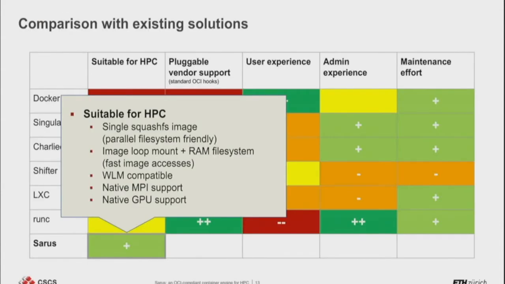So if we start to compare it bit by bit with the others, it is suitable for HPC. We mount the container image in a way that is easy to distribute across the compute nodes and doesn't thrash the parallel file system, it is compatible with a workload manager, and is able to expose native performance from specialized hardware through vendor extension.